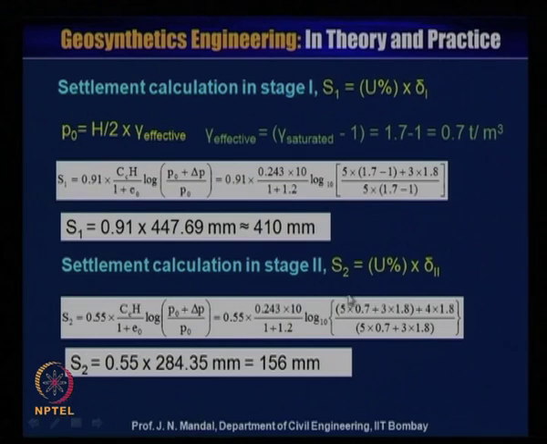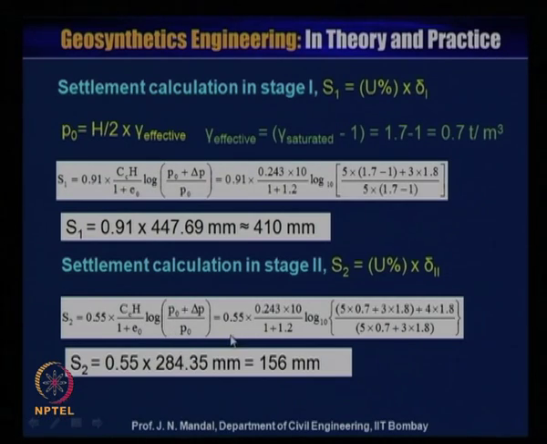Settlement calculation in stage 2, that is S2, is U percentage into delta 2. That means S2 will be equal to 0.55, because U is 0.55, into Cc into H by 1 plus E0, log of P0 plus delta P by P0.